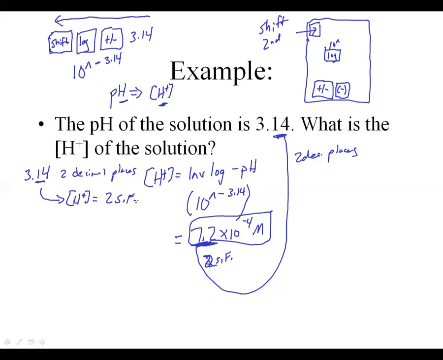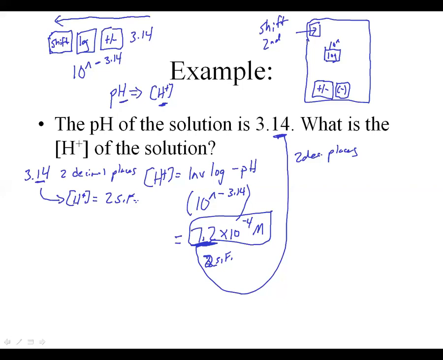Anytime you have a molarity of over 1, you'll probably end up with a negative pH, just because it's so large.